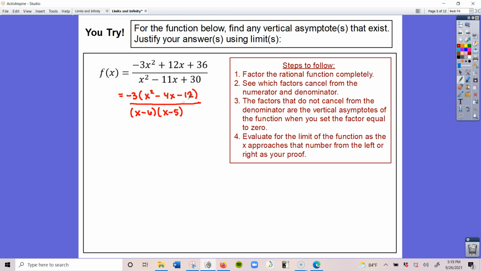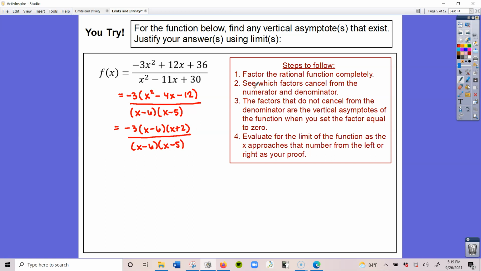We need to finish factoring the numerator, which would be negative 3, and then x squared minus 4x minus 12 can be factored as x minus 6, x plus 2, over x minus 6, x minus 5.